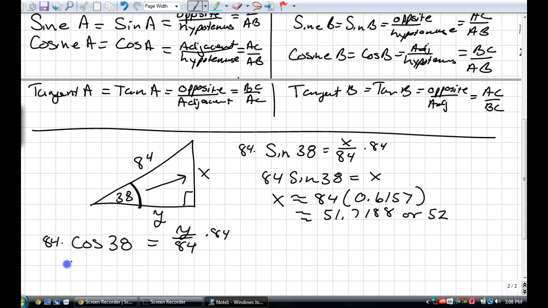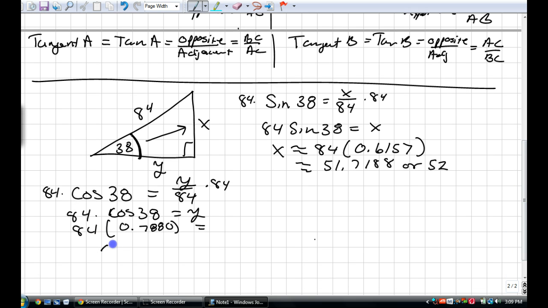So I would get 84 times the cosine of 38 equals y. On my calculator, the cosine of 38 is 0.7880. And so y is approximately 66.1920, or if I round to the nearest whole integer, 66.